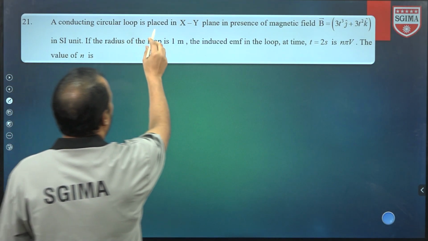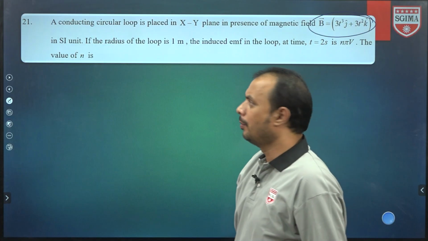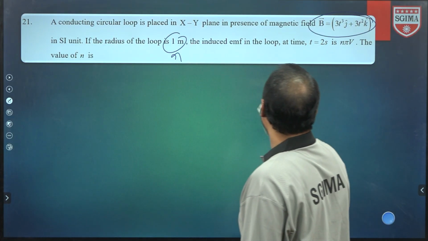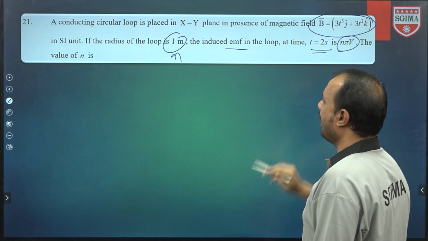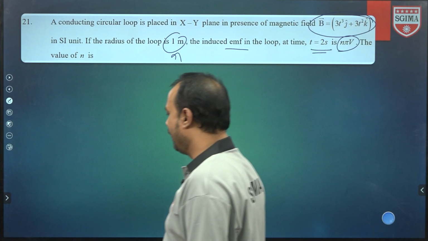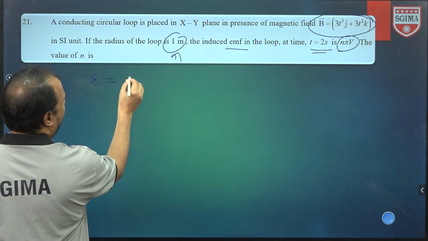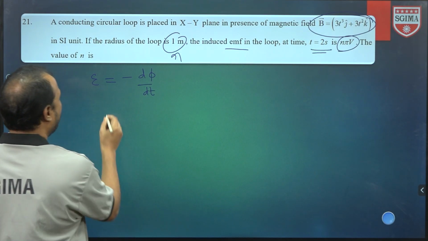A conducting circular loop in the xy plane is in the presence of a magnetic field given in vector form. The radius of the loop r is mentioned. The EMF induced in the time of 2 seconds is n pi volt. Asking the n value. EMF we write as minus d phi by dt, taking the magnitude.